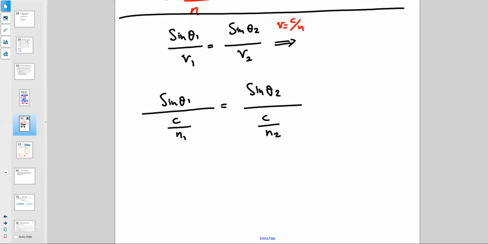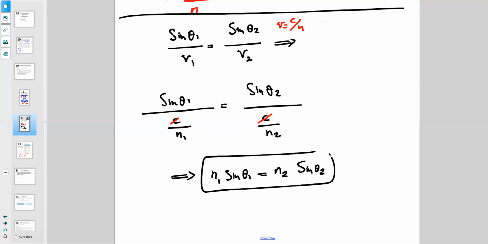So what we can do is get rid of this c from either side, so we can cancel them out. And then we are left with n1 sine theta 1 being equal to n2 sine theta 2. This is another law which is called Snell's law, and we'll talk about that later on. But I just want to show you how we can derive Snell's law, okay?